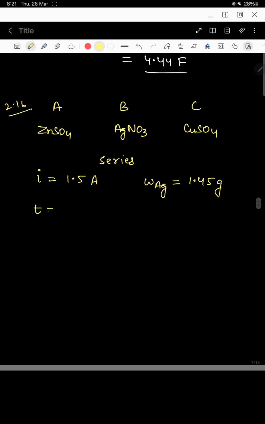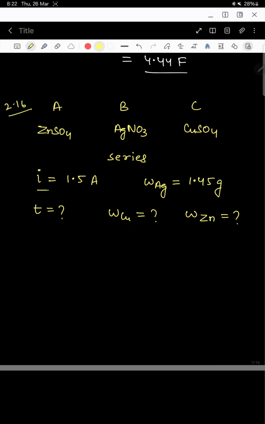Now we need to calculate the time first. Then we need to calculate the mass of copper also and mass of zinc also that is going to get formed. So this is not a difficult but a lengthy question, big question. Too many things are going to be calculated in this case. So we have 3 electrolytic cells, first containing zinc sulfate, second silver nitrate, third copper sulfate, which are connected in series.